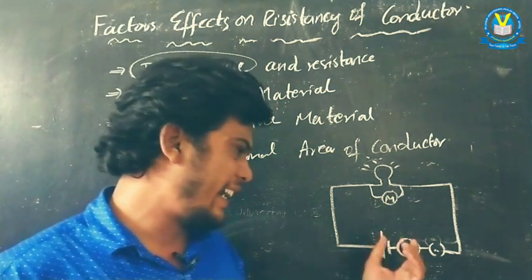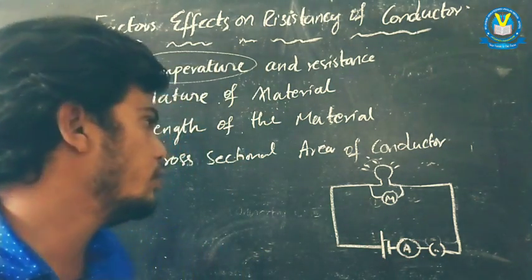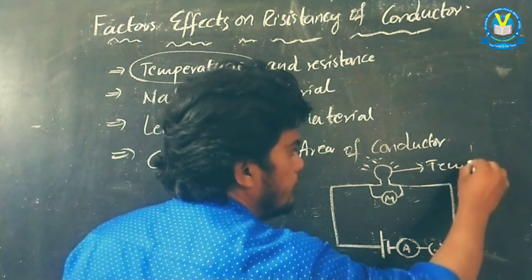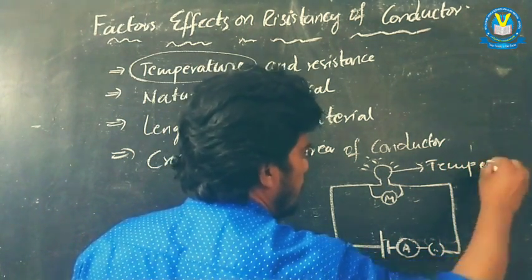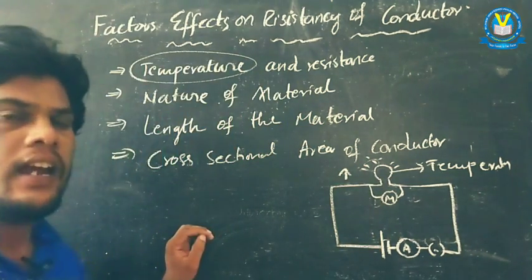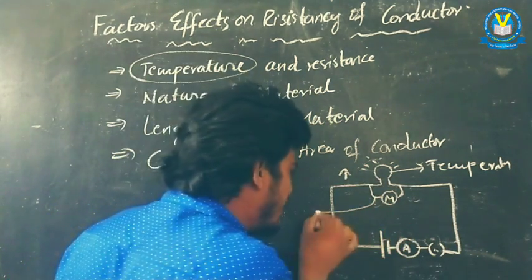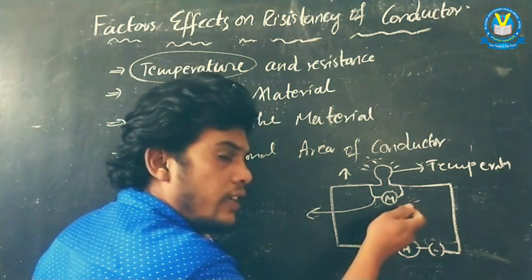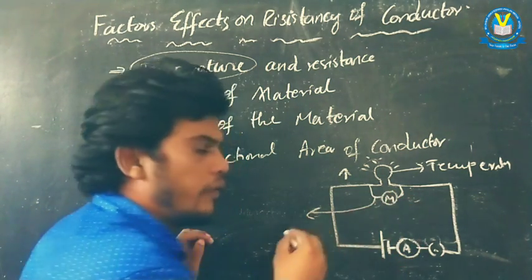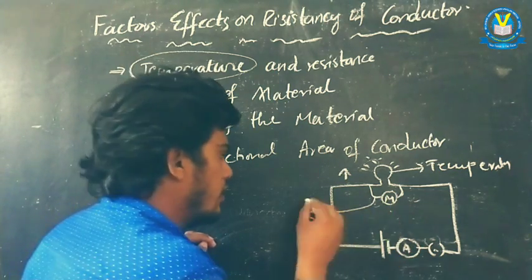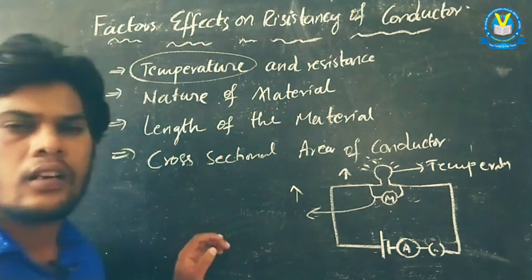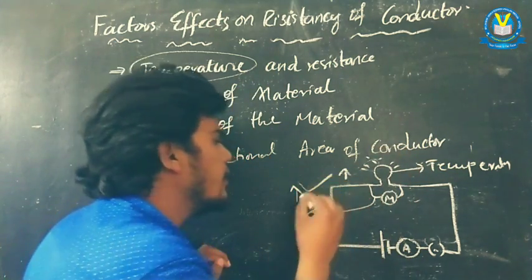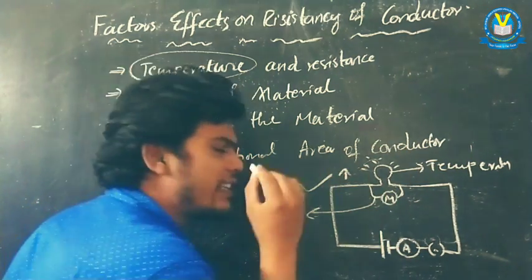After a few minutes of switching on the circuit, we can observe that the temperature of the bulb increases. At the same time, the resistance value of this circuit, which you can find in the multimeter, also increases. So temperature increasing means resistance value also increases in the multimeter.